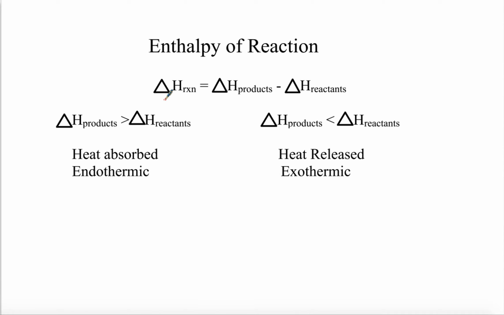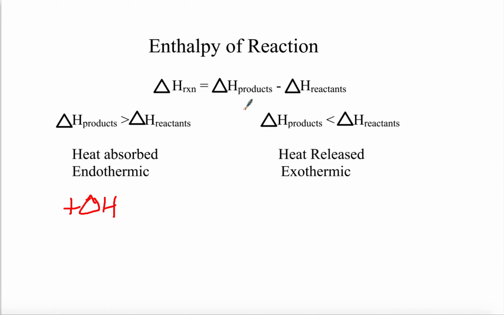So delta H of the reaction is given by the heat of the products minus the heat of the reactants. Okay, that delta sign always means final minus initial. So when the heat of the product is greater than the heat of the reactant, you get a big number minus a little number, you get a positive delta H here.